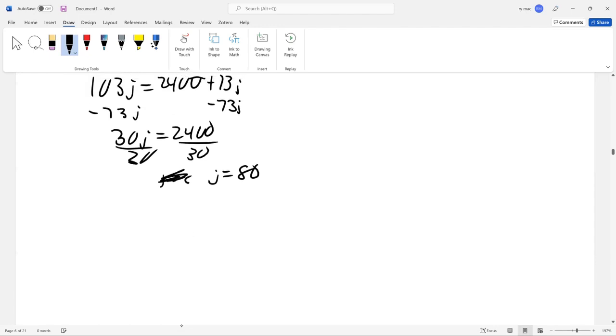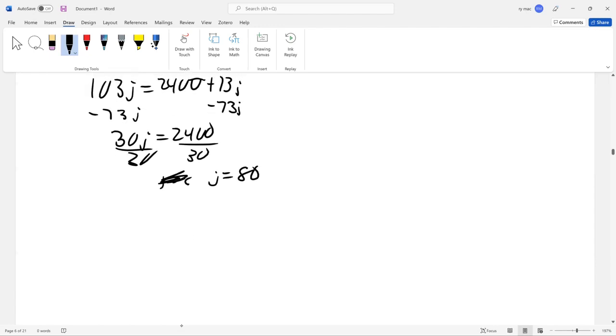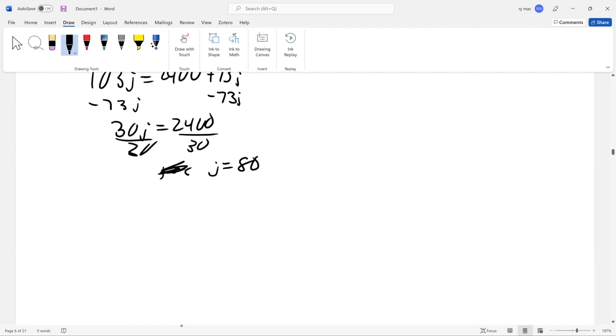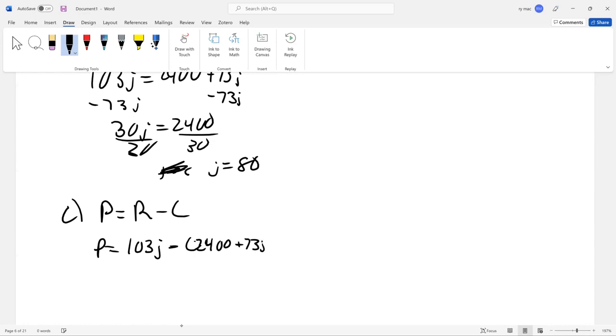So part C is now asking, write and simplify the profit function. So for the profit function, that is equal to revenue minus cost. So then my profit, plugging in my revenue function of 103J minus the cost, 2,400 plus 73J.